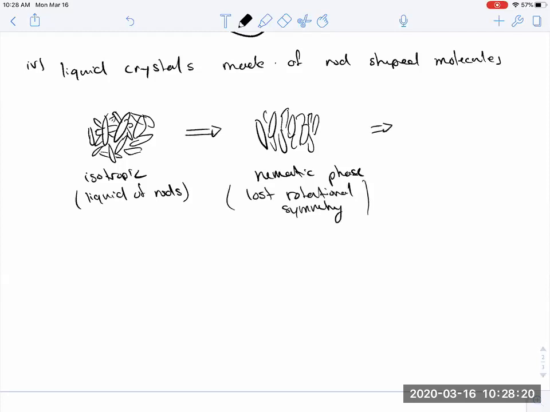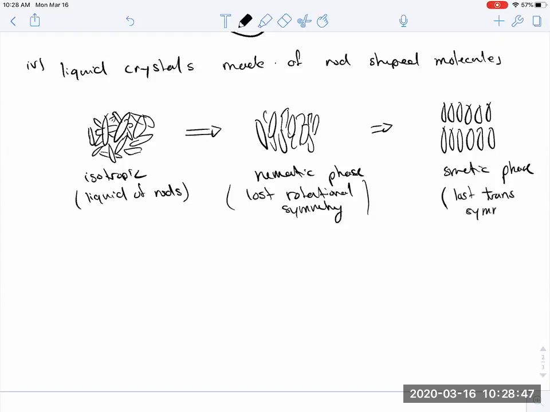And if I increase the density even more, well, the molecules still point in the same direction, but now they stack in layers, forming a so-called smectic phase, where both rotational and translational symmetry is lost.